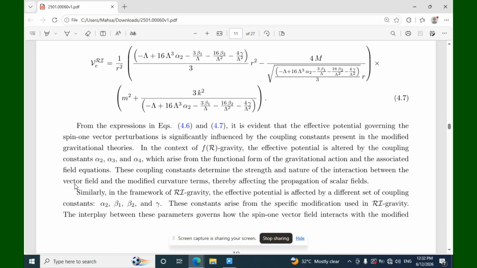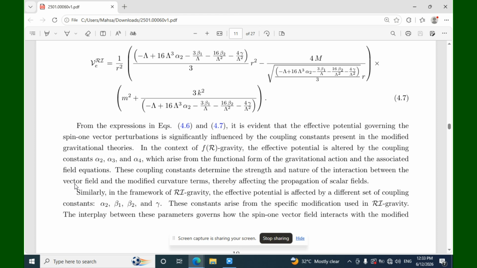From the expression in equations 4.6 and 4.7, it is evident that the effective potential governing the spin 1 vector perturbation is significantly influenced by the coupling constants present in the modified gravitational theory, in the context of FR gravity.